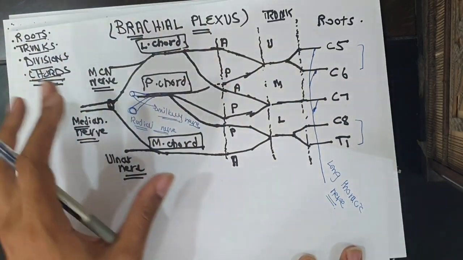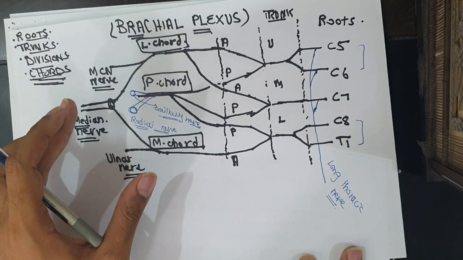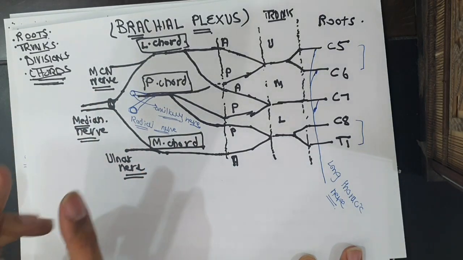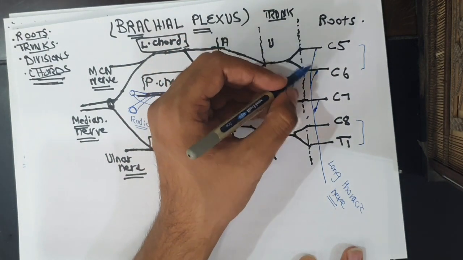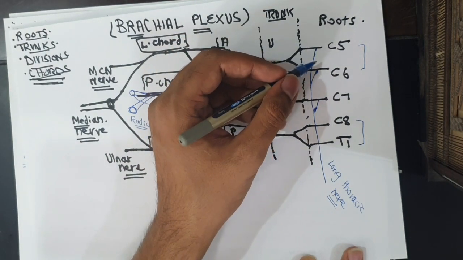And all these nerves that you see over here all have their root values according to this in the beginning that I've drawn here.